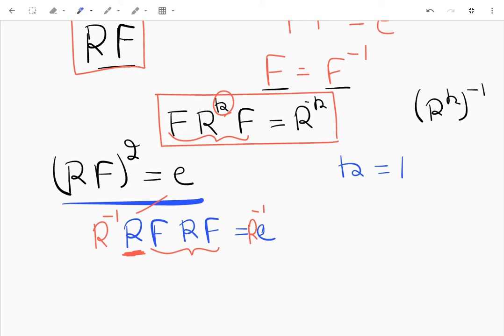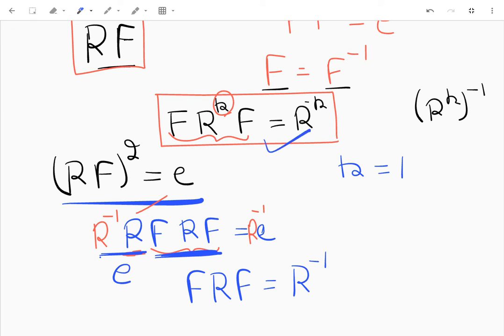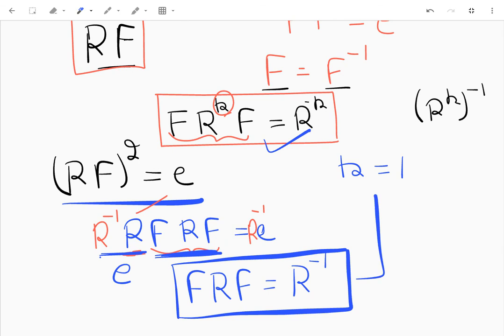In the next step, this will become identity, and identity times anything is the same thing, right? So I'll be left with FRF, and on the right hand side, I'll be left with R inverse. So I proved this for k equal to 1.